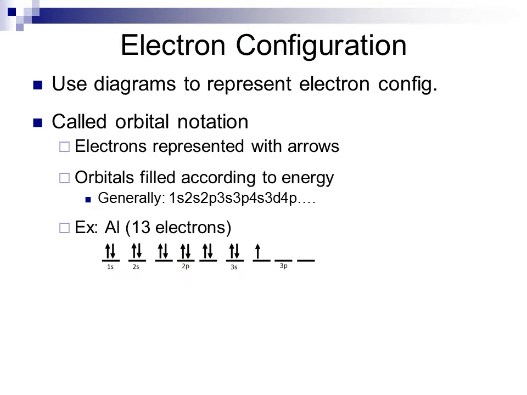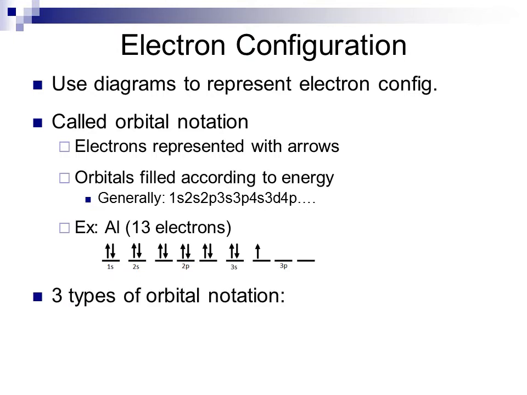We fill each orbital with 2 electrons. The 1s orbital has 2, the 2s orbital has 2. The three 2p orbitals have 2 each. The 3s orbital has 2, and the only remaining electron at this point then goes into one of the 3p orbitals.